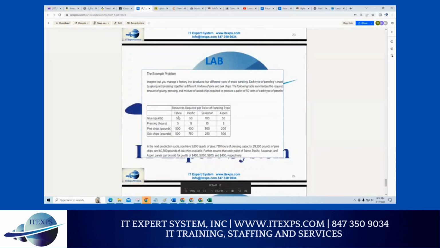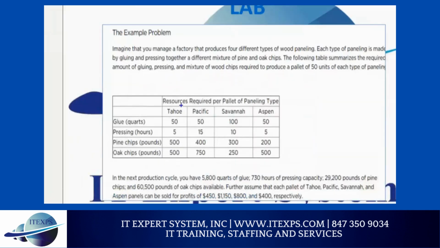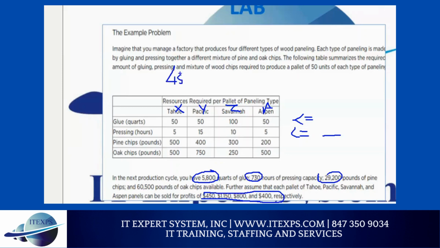It is not complex. They have given you X. This is your X, this is your Y, this is your G, and this is your A, whatever it is. And rather than less than or equal to, they have given English here, so you can use it like that. Read this English. They have given the right side here. Then this is your objective function, which is nothing but 450 here multiplied by this.